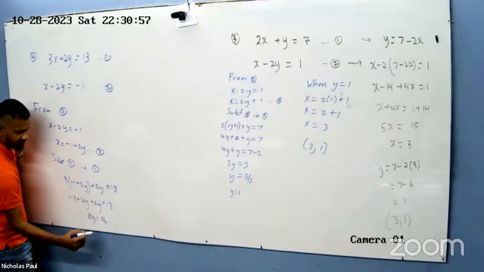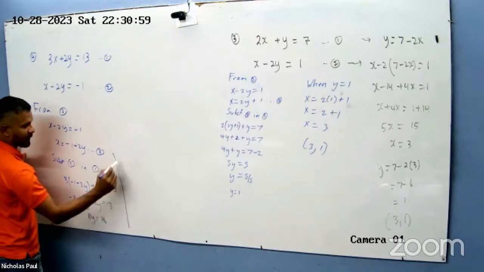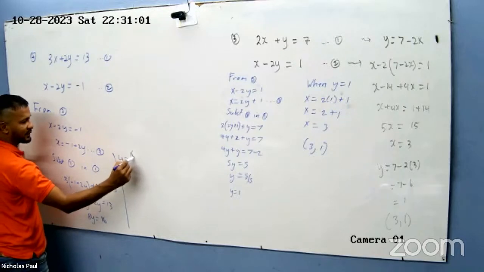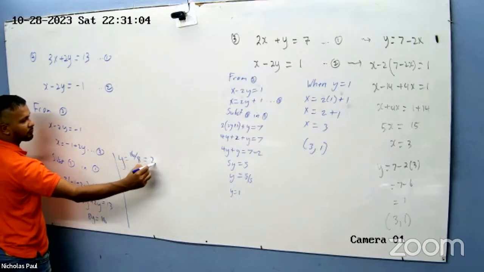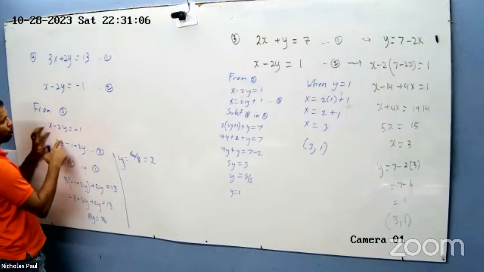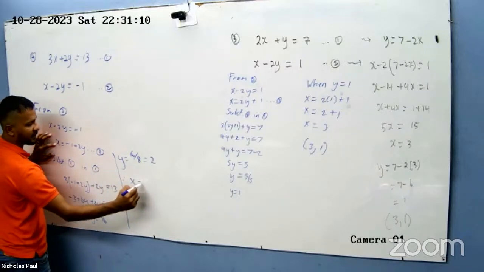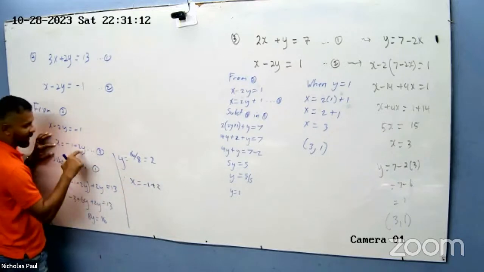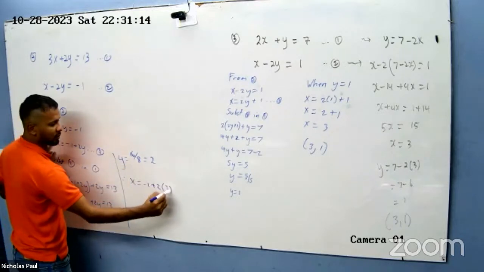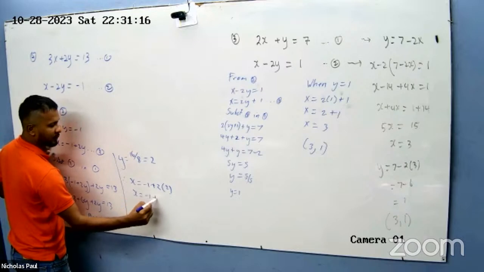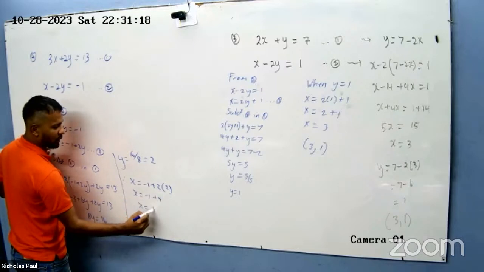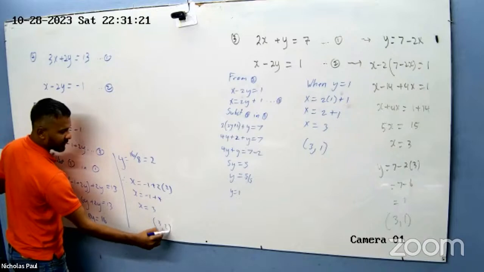So y is equal to 16 over 8, which is 2. And then once you get y, we can substitute for x. x is equal to minus 1 plus 2y. We know y is 2. So x is equal to minus 1 plus 4. x is 3. So the answer is 3, 2.